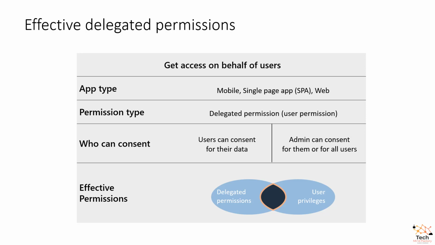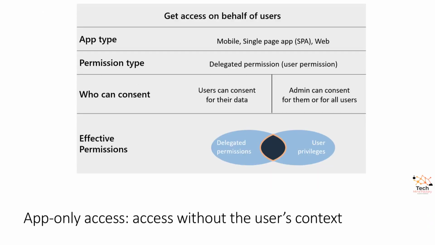Yes, so in this case, this is this intersection. So basically, remember that an application cannot do more than the user is privileged to do. That's very important when it comes to delegated access. So it's always this intersection between user privileges and delegated permissions granted to the application.